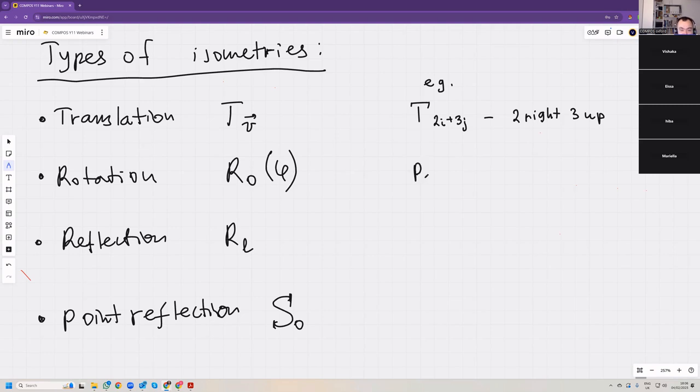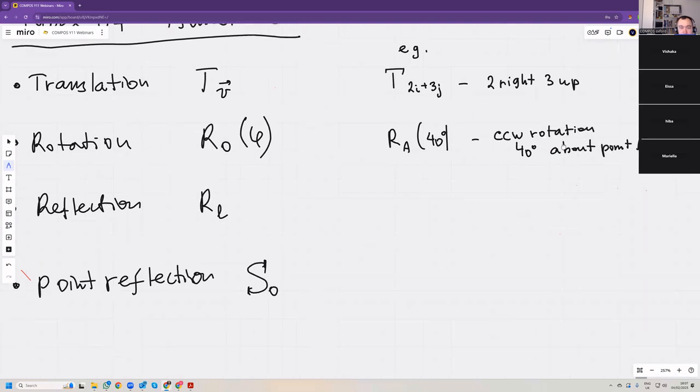Rotation about a point, angle theta. So for example, rotation about point A by 40 degrees. So that's a counterclockwise rotation, 40 degrees about point A. So I hope this is self-explanatory.